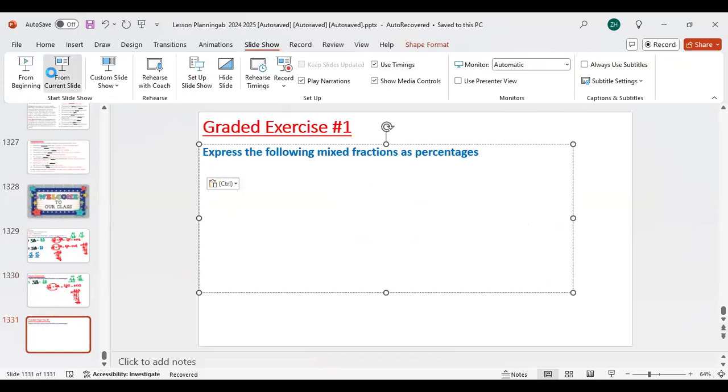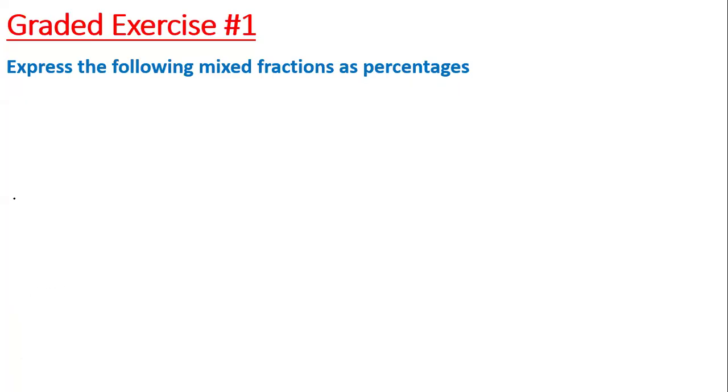Okay, so we can do this number 1. So we have 3 and 11 over 20. Number 2, 3 and 14 over 20.